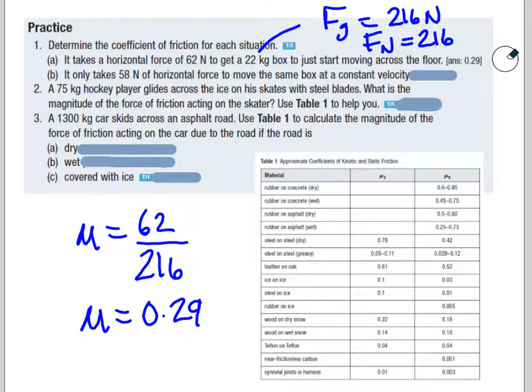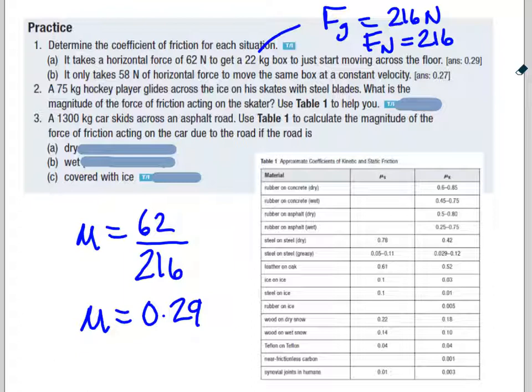And that's what we get. Okay. It only takes 58 newtons of horizontal force to move the same box at a constant velocity. Exact same expression, only instead of the 62 you put in the 58 and you come up with 0.27.